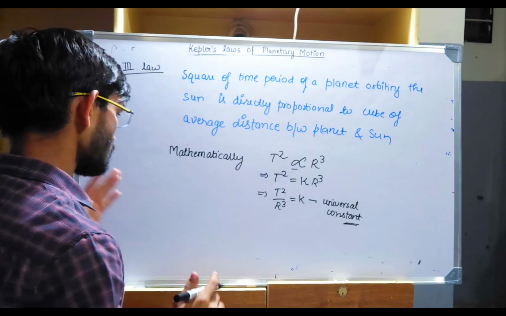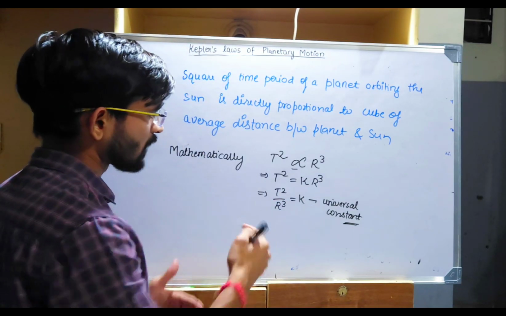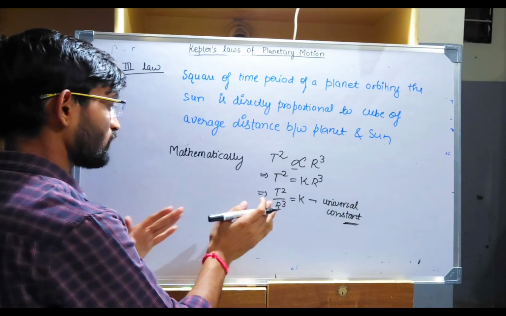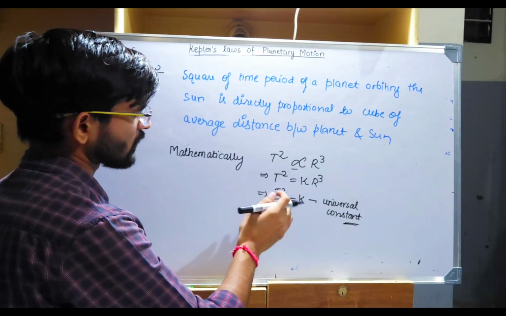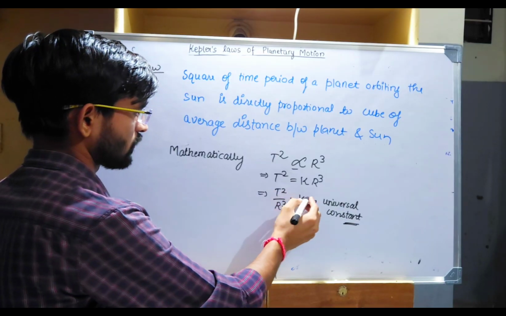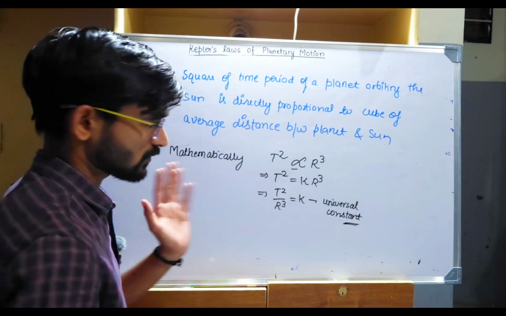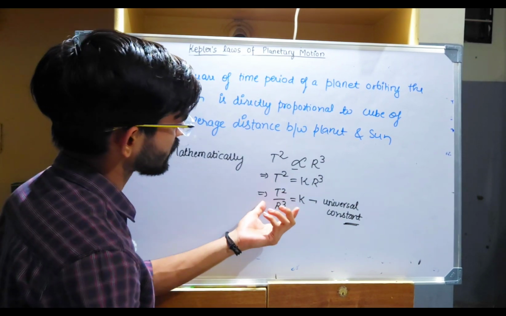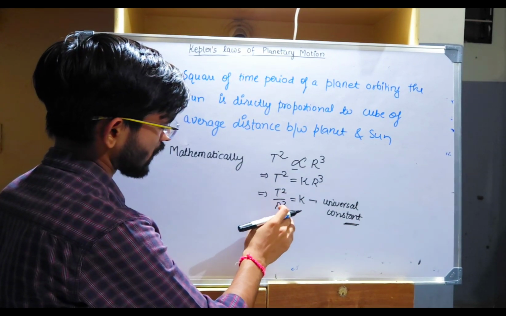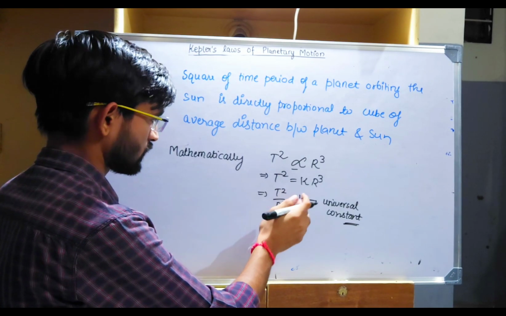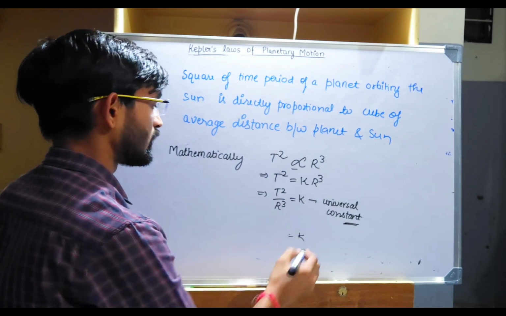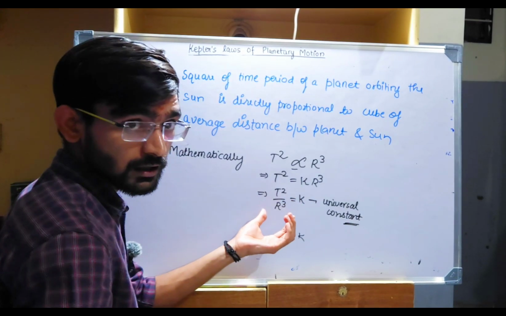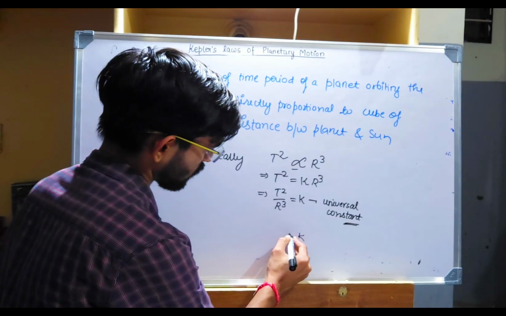You will always get the same k value. If you put the time period of any planet and the average distance of that planet from the sun in this equation, you will always get the same value. If you put the time period of Earth and the average distance between sun and Earth, you will get some value, say k. Then if you put the time period of Mars and the average distance between sun and Mars, you will also get the same value.